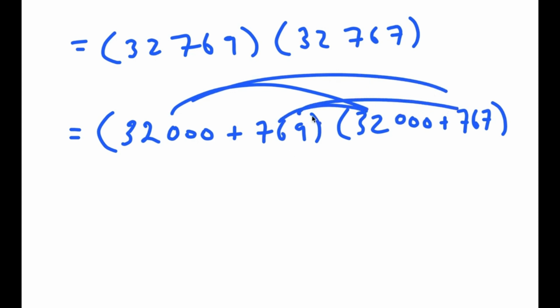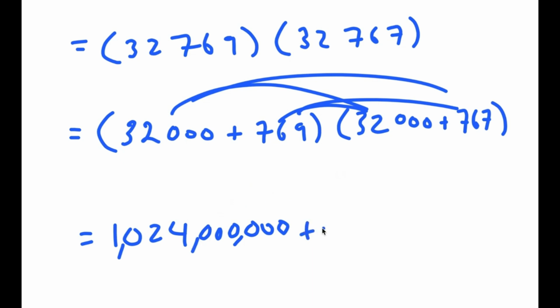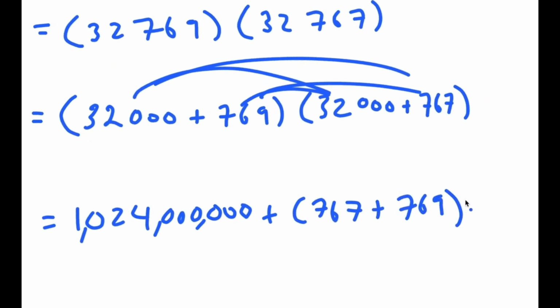So I get 32,000 times 32,000, which is equal to 1,024,000,000. And now I have this plus 32,000 times 767 plus 769.